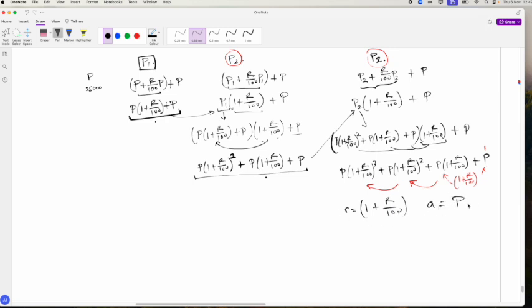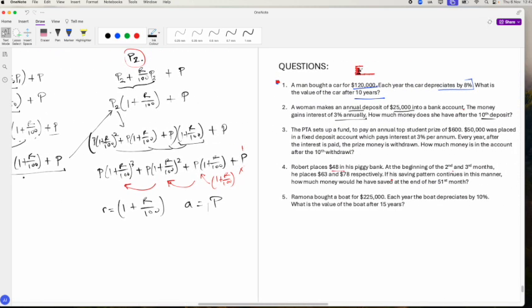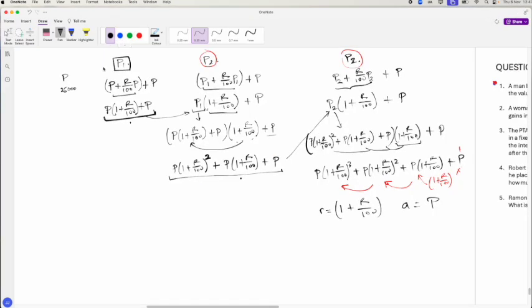And so now we could say, well, you know what? Because what do we want to find? The sum after 10 years. So the sum after 10 years, now remember S sub n is A into R to the n minus 1 all over R minus 1. Now R is obviously going to be greater than 1 because it's 1 plus whatever it is, and this is 3%.